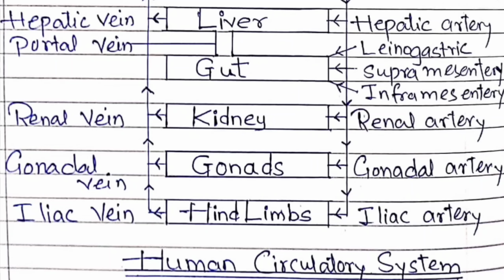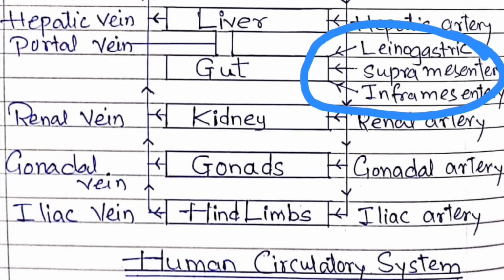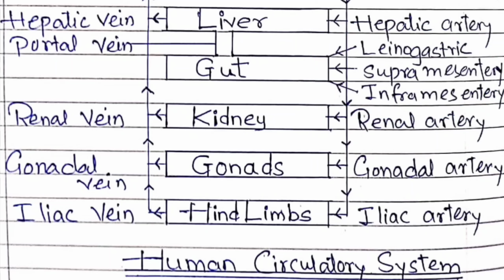So three major arteries are supplying blood towards the gut. The first is called the lienogastric artery, the second is the supramesentery artery, and the third is the inframesentery artery. The gut is the only one receiving blood from three different major arteries.